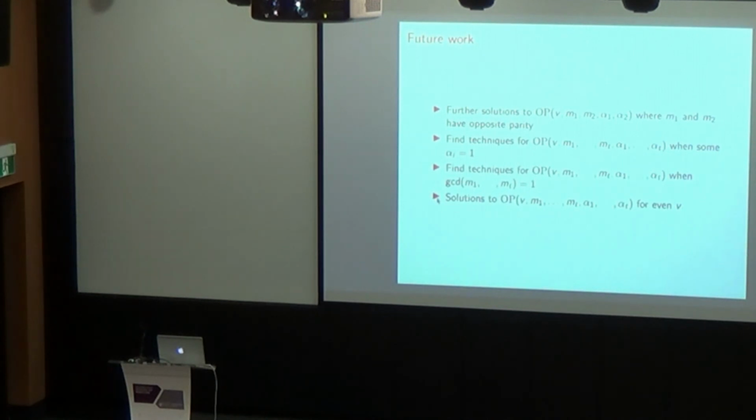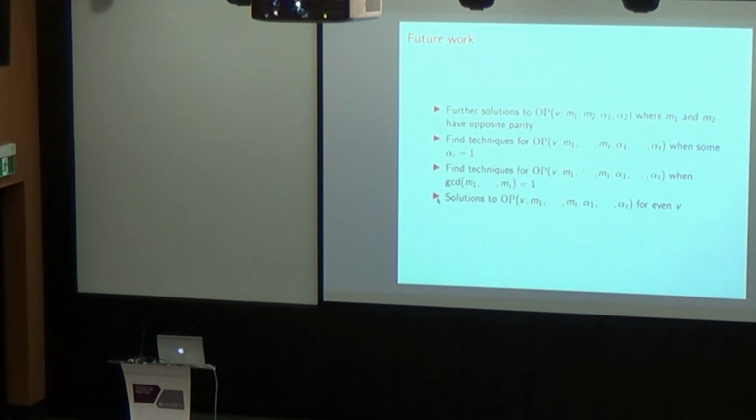This is actually kind of the most difficult case for the Hamilton-Waterloo problem, and there is still quite a bit of work to do. Unfortunately, most of the techniques that we have for these types of problems don't really work well when we want one factor of a particular type. So when one of the alpha i's is 1, we need to find some new techniques.